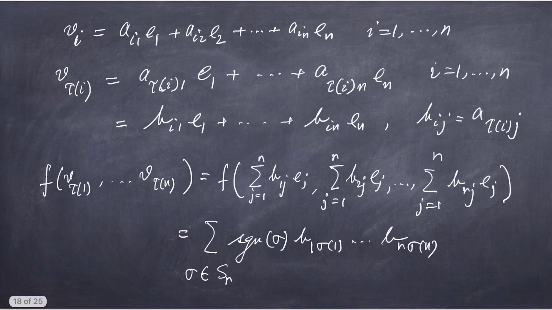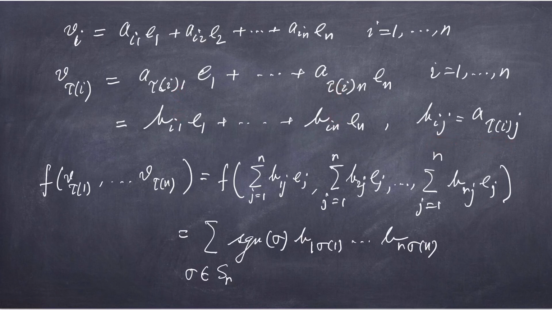So we will relabel the coefficients by different symbols, say bij, so that now we can directly proceed. Once we have relabeled the V_{tau(i)}'s using these bij's, let me again tell: bij is defined as a_{tau(i),j}. So for any i, j, bij is defined as a_{tau(i),j}.